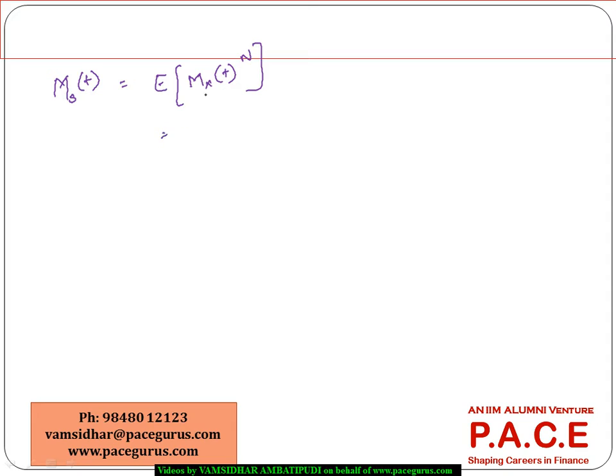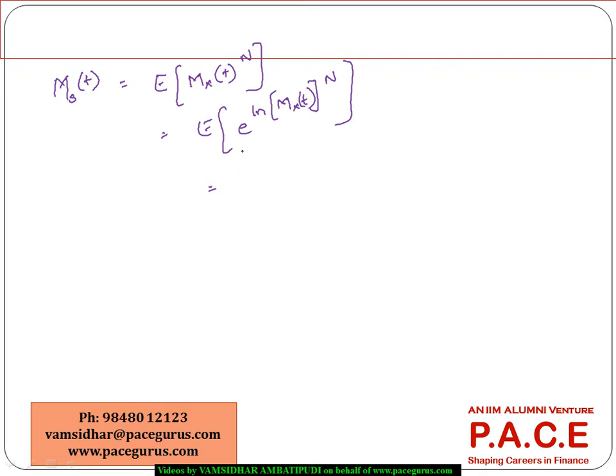Now all I'll do is write this as the expected value of e to the power of log MX(t) to the power n, because at the end it is coming out to be the same. e to the power of log of something to the base e is coming out to MX(t) to the power of n itself.